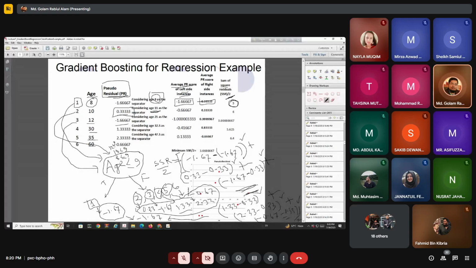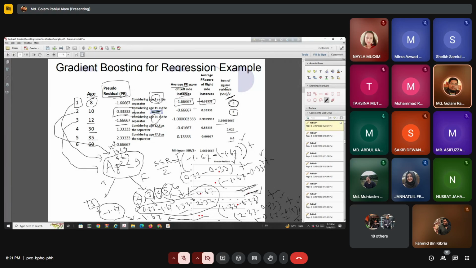I think there is no need to explain the same thing again. In our last class, we have already discussed how to construct the regression tree. So if we consider S less than 11 as the splitter, you will get the sum of squared residuals by 2, that is 6. If we consider S less than 21, then 3.67, and 32.5, then 5.625, and 47.5, you will get 6.4.